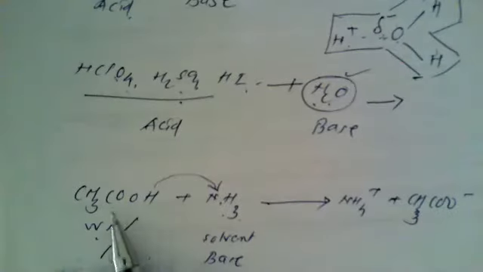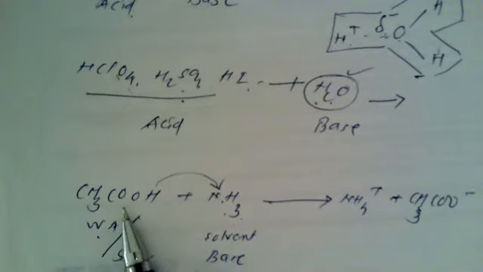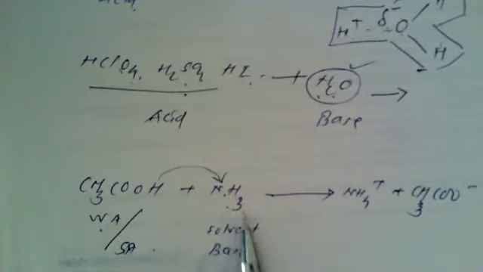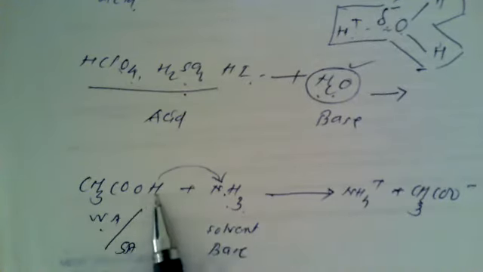Basically, acetic acid is a weak acid. Why is it a weak acid? Because if we look at the ionization of acetic acid, it can furnish a very small number of H plus ions during ionization. But if we carry out the reaction of acetic acid in the presence of a solvent such as liquid ammonia, then acetic acid can furnish more and more H plus ions.